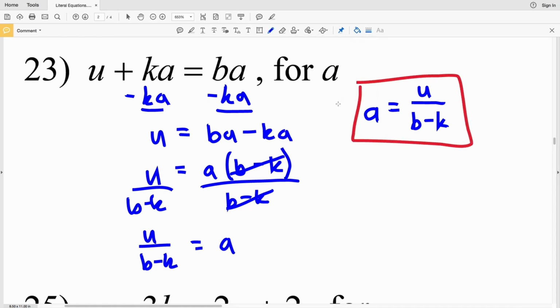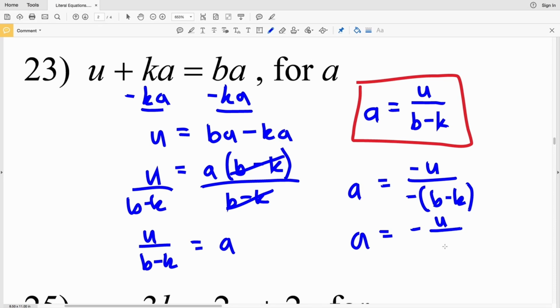And the way it's written on your worksheet, they have it a equals negative u all over a negative b minus k, which is a equals negative u all over negative b plus k, or you can say a is equal to negative u over k minus b. Although this first equation is perfectly acceptable, I was just showing you how they got to the equation on the answer sheet so that you're aware that those terms are equivalent.